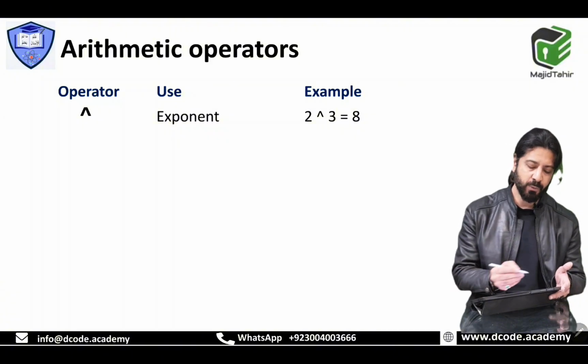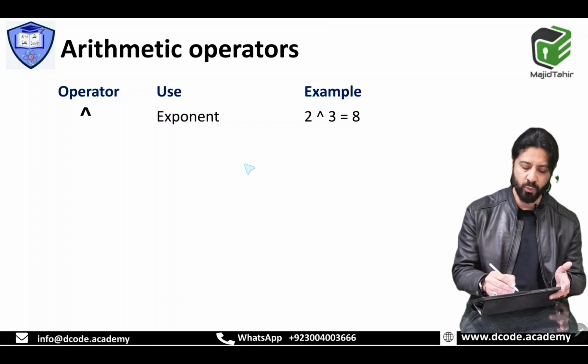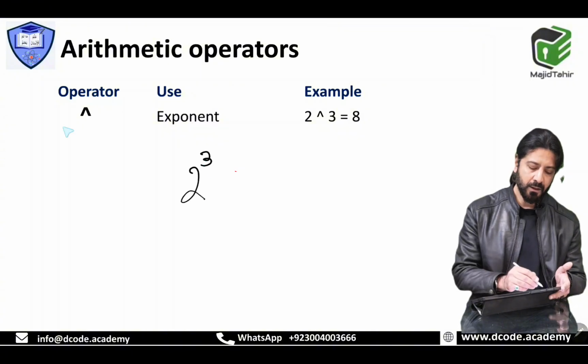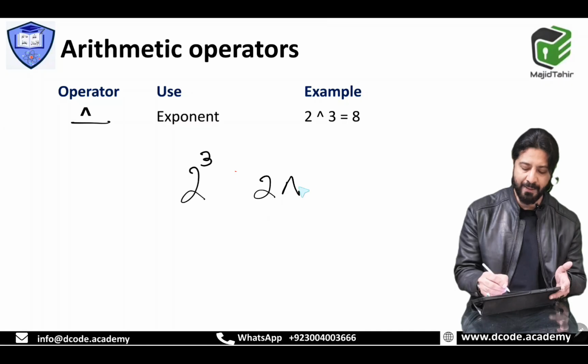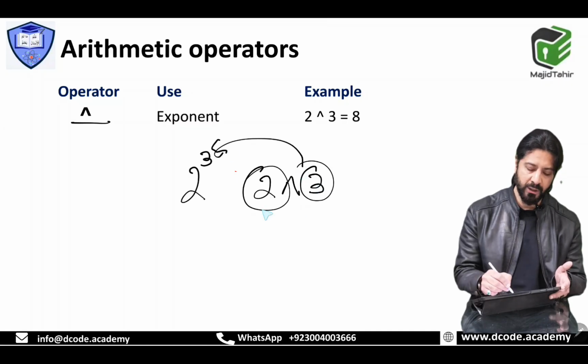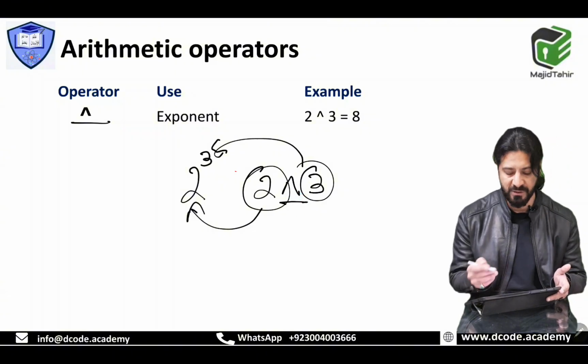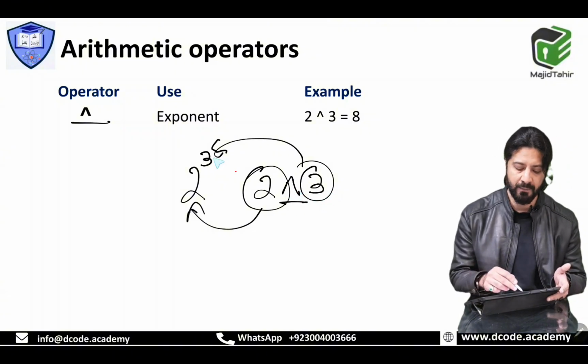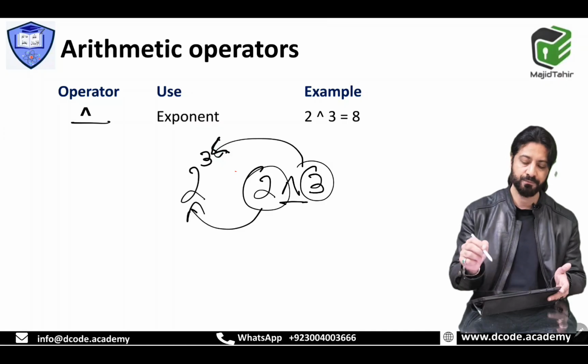In mathematics, if you write, let's suppose, 2 raised to power 3, in computers we use a different operator. In computers we have to write 2 cap 3. Now this 3 goes in the exponent portion, and this 2 is basically the base, and the cap tells that the number that comes after the cap is going to be the power or the exponent.